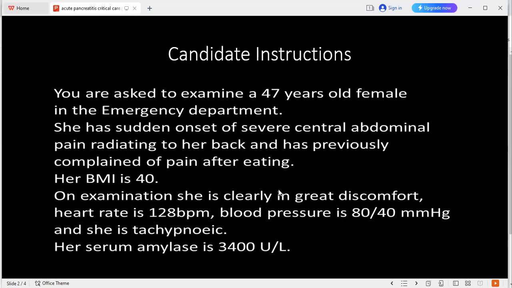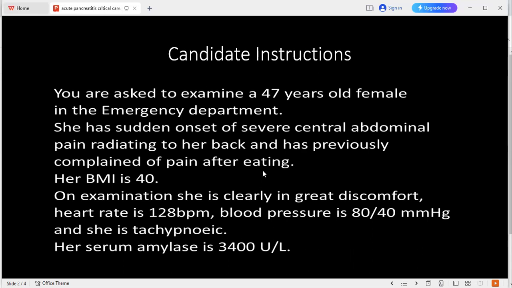Considering this Ranson criteria after admission, how would you interpret that if I ask you to consider the situation of the patient and tell me after admission? After 48 hours, I would like to measure the PaO2.